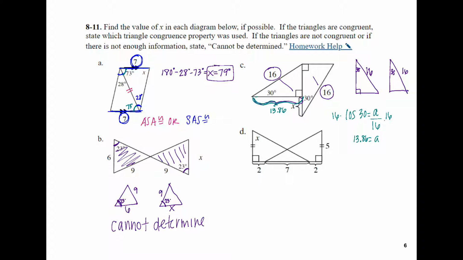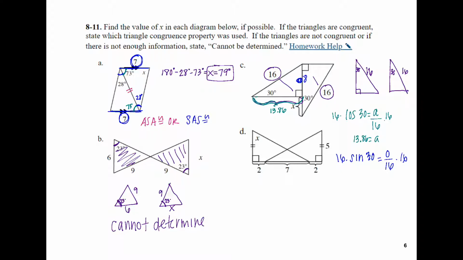We can find the base using the opposite, because this side is opposite, and sine is opposite over hypotenuse, so 30 degrees equals our opposite over our hypotenuse, which is 16. We again use inverse operations, so 16 times the sine of 30 is equal to 8. So our opposite side is a length of 8.